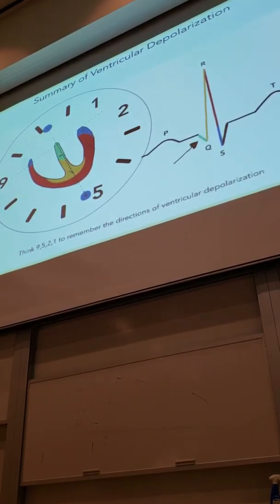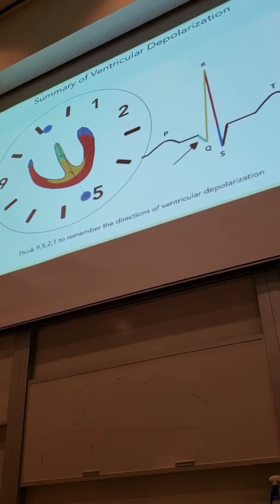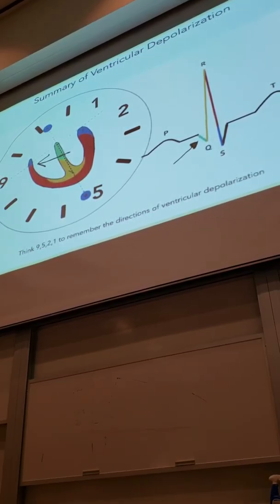Can somebody explain why it's moving downward? Right, it's a depolarization, and it's heading more to the negative electrode than the positive, right?